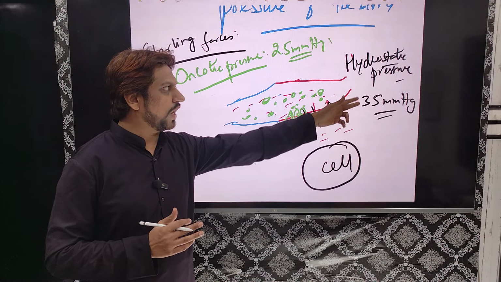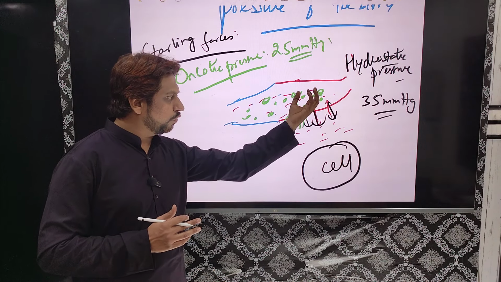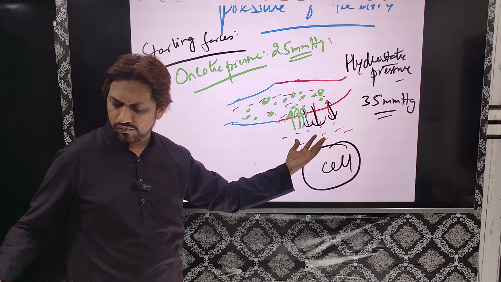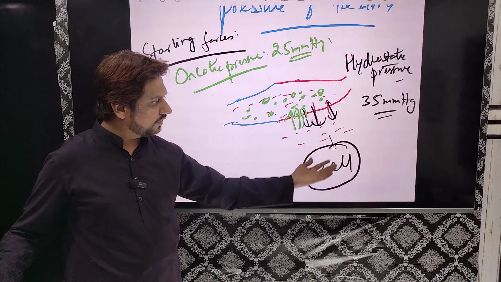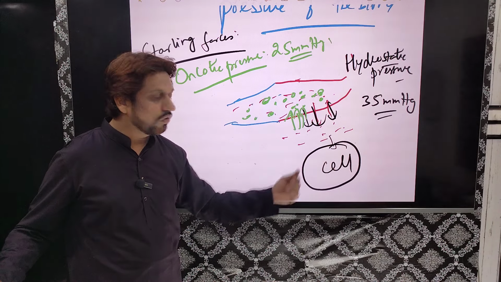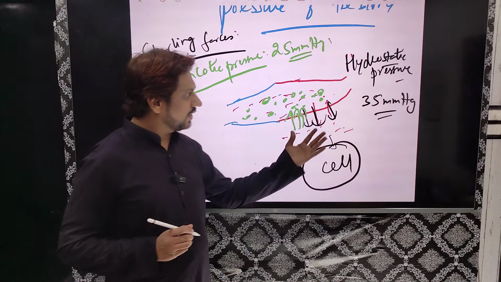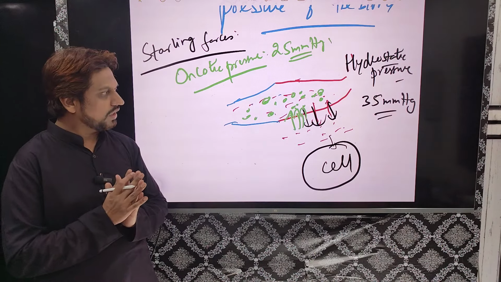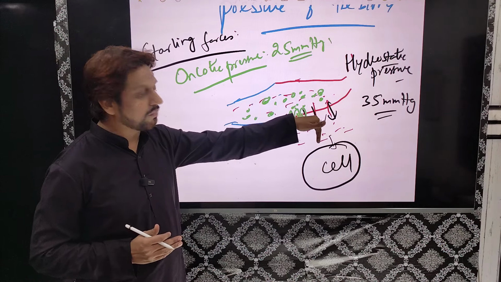So hydrostatic pressure is more, and the fluid will tend to come outside these capillaries into the interstitium, and through this it may cross to the cell membrane, that is the important substances like oxygen or the nutrients will go to the cell. So at the arterial end, the hydrostatic pressure is more and oncotic pressure is less, right? So the fluid will tend to come outside.